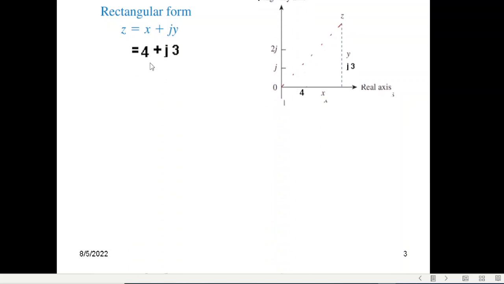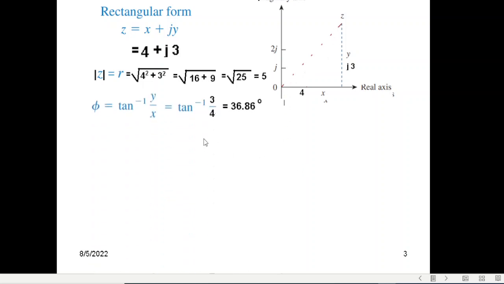So if you have a number 4 plus j3, that means 4 on the real scale and 3 on the imaginary scale. And if we try to take the magnitude of z, this could be the square root of the sum of the squares of the two, and solving we find the value to be 5. And what is 5? 5 is this value z here.